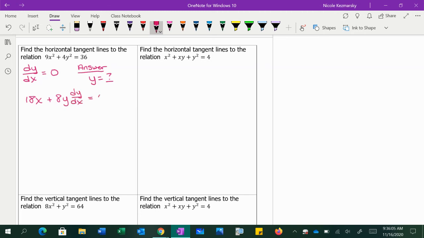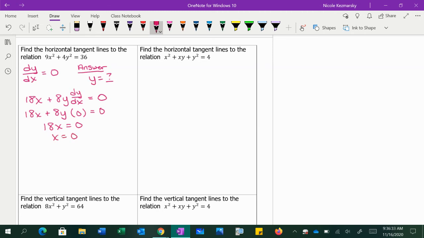And that's going to equal the derivative of 36, which is 0. So then I know that dy/dx has to be 0, so I'm going to say 18x plus 8y times 0 equals 0, which means 18x equals 0. And if I divide by 18, x equals 0.